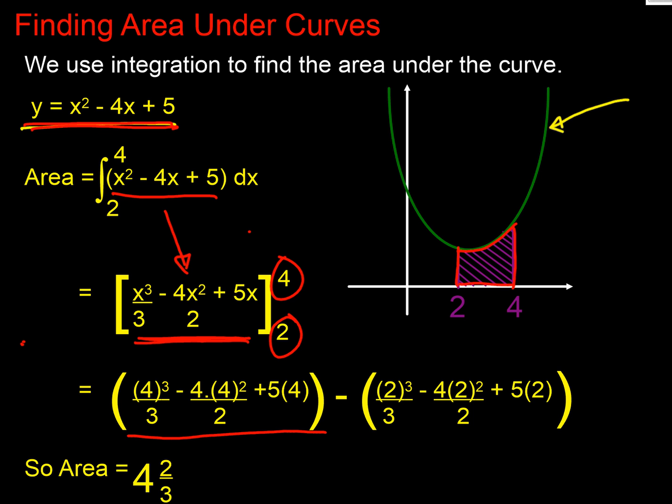So in effect, the first bracket here is we're going to find the difference. So we find the value of the function when x equals 4 here, and then we find the value of the function when x equals 2 there, and then we find the difference, because we started at 2 and we went to 4. And if we did that, we find that the area under this curve is 4 2/3.